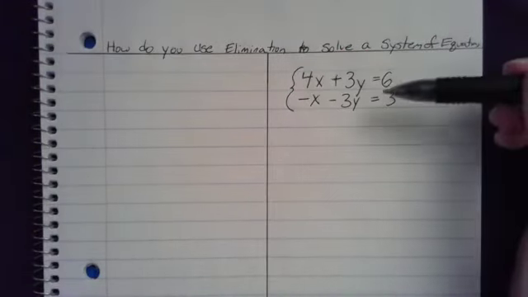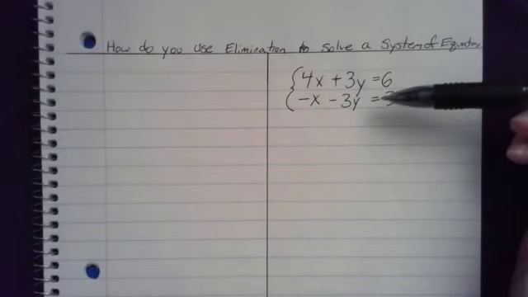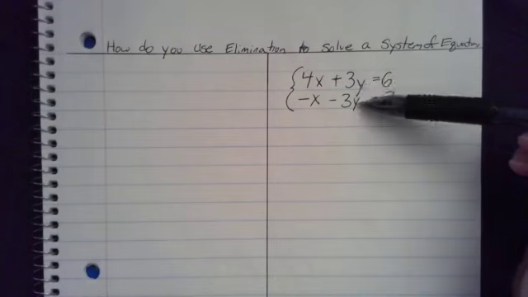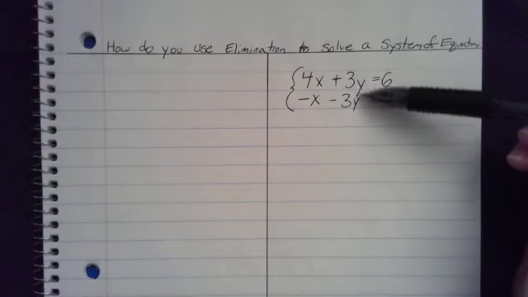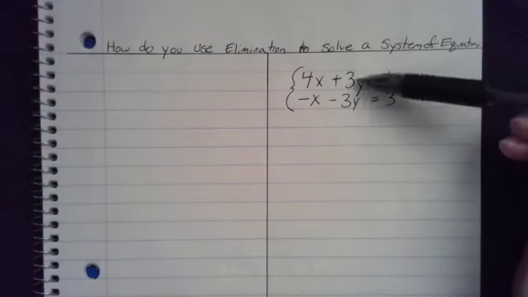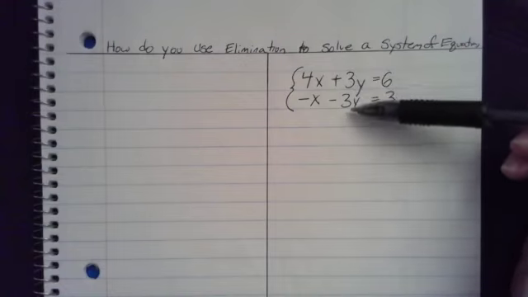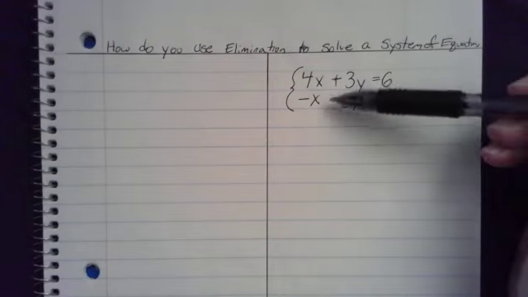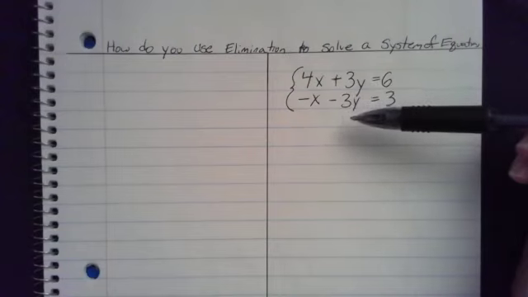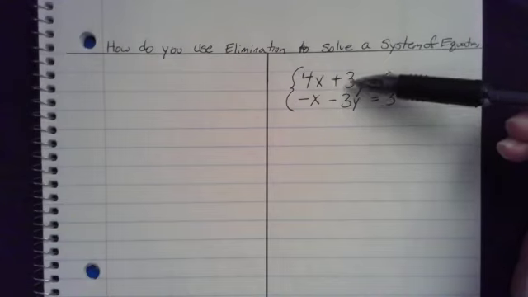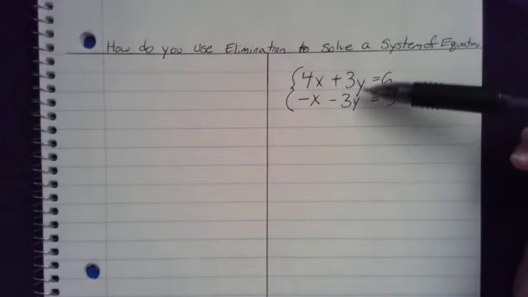Now, this particular system of equations lends itself to being solved with elimination because if you notice on my y variables in both of the equations, it has a 3. In this one, it's a positive 3, and in the second, it's a negative 3. This is the best case that you can get because I have opposite coefficients on the same variable.